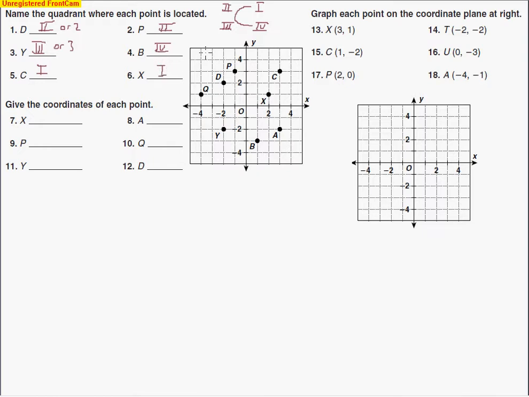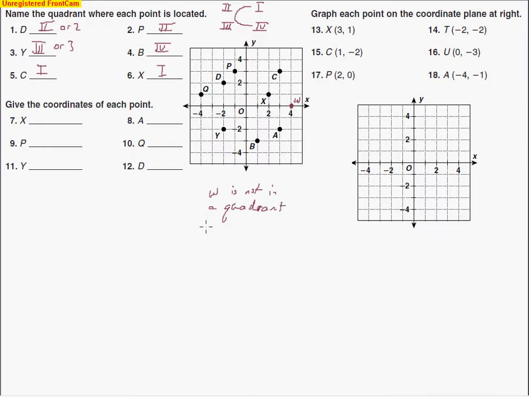Sometimes points don't line up in quadrants, so I'm going to give you one example that's not here. Let's say this point right here, and I'll call this point W. W is not in a quadrant. W is actually on an axis.